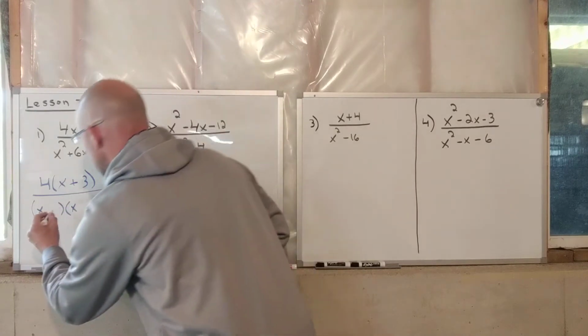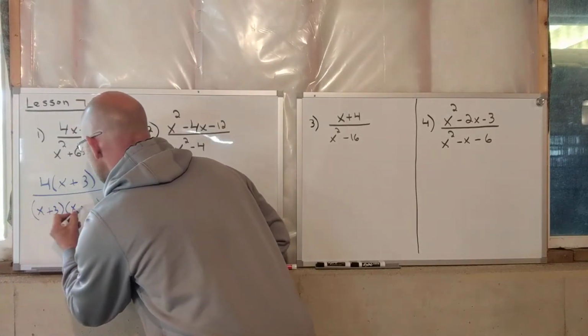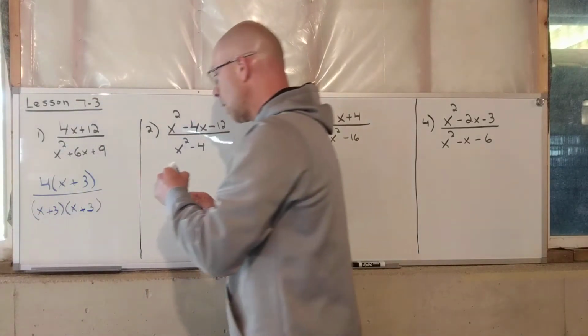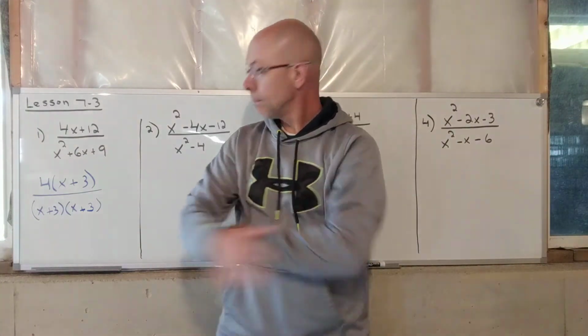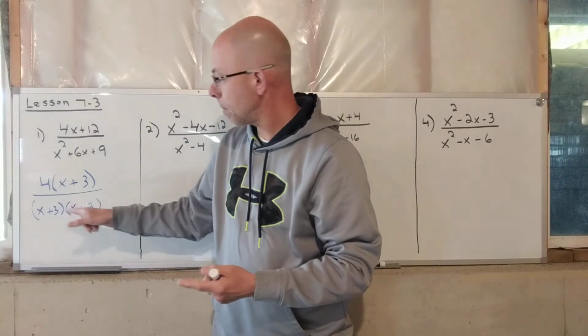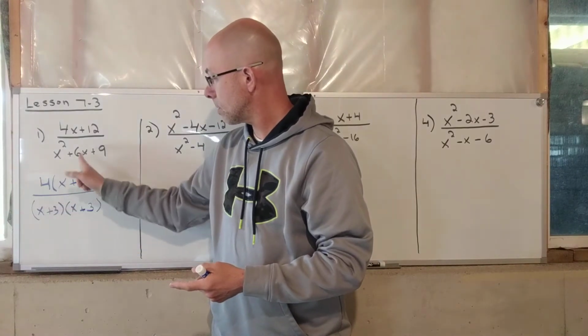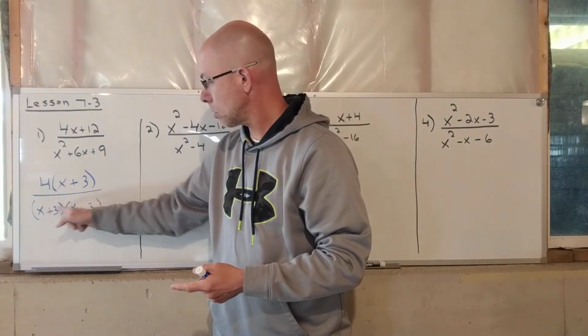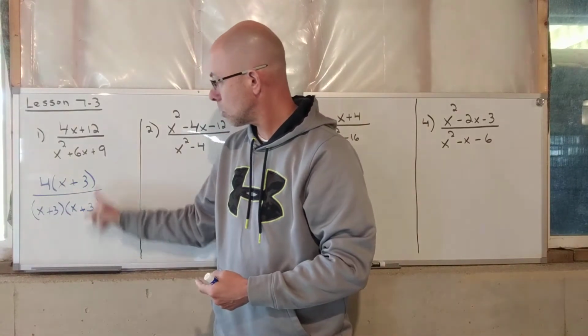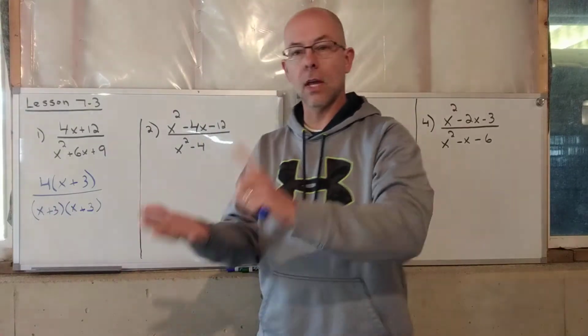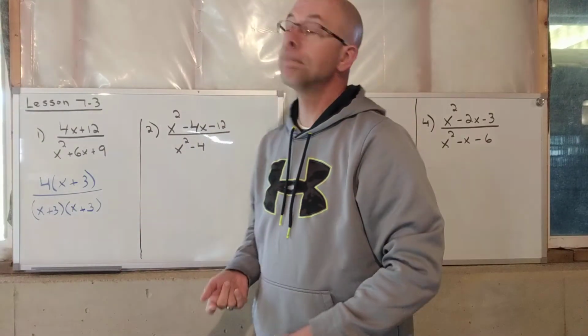Plus 3, plus 3. And you know how I am, I always check with the distributive property to make sure that this is x squared plus 6x. X times 3 is 3x, 3 times x is 3x, 3x and 3x is 6x, and 3 times 3 is 9. So yeah, that distributes to x squared plus 6x plus 9.